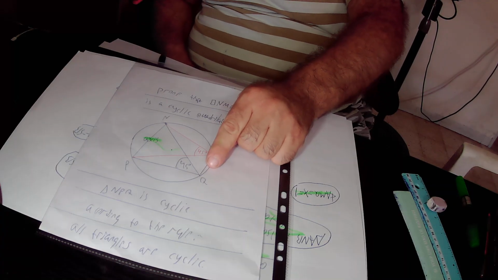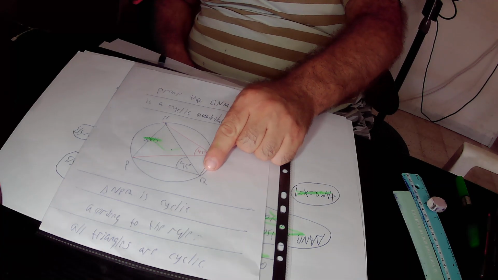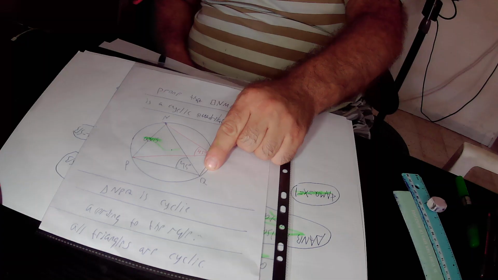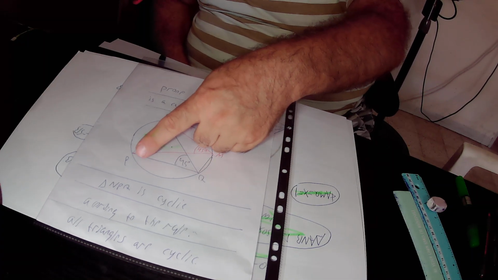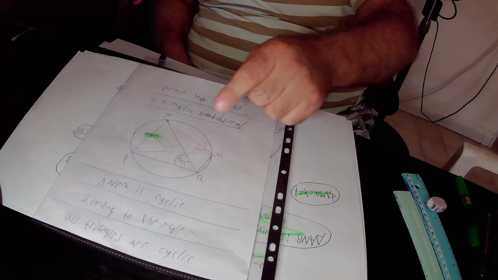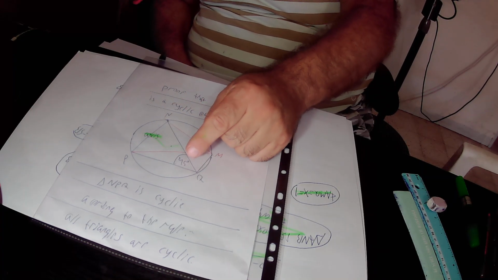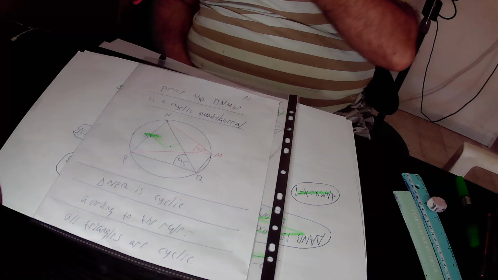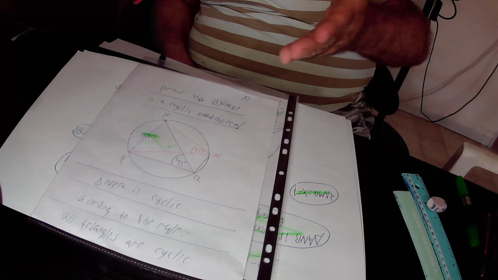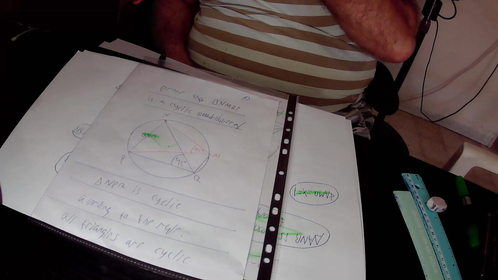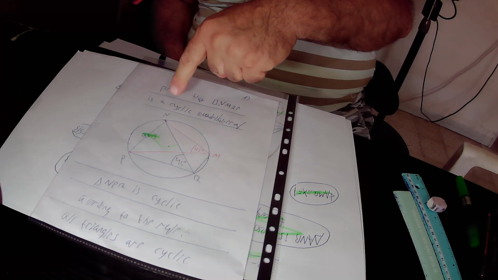We'll only move the vertex of the angle without changing the place of NP, and we will not change the size of the angle. And therefore we create infinite angles, each equal to 45 degrees in size, all subtending on chord NP.